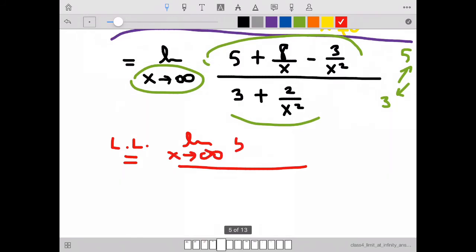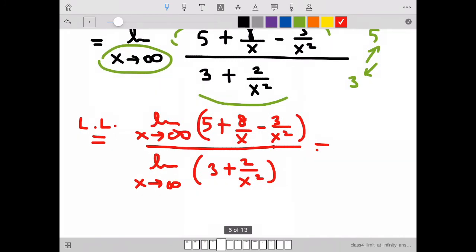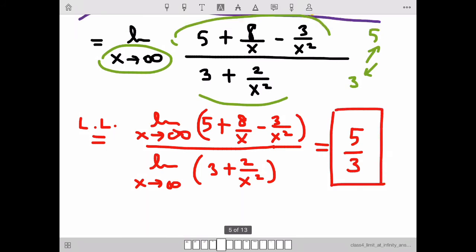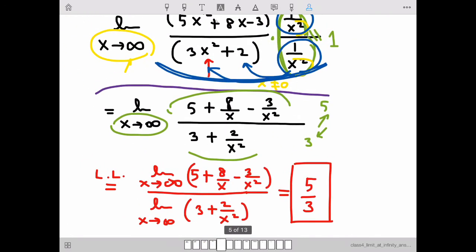So the limit of the top, 5 plus 8 over x minus 3 over x squared, over limit of the denominator by limit law, 3 plus 2 over x squared. So we get 5 over 3. So don't forget to divide by highest power to make that into finite limits so that you can use the limit law.